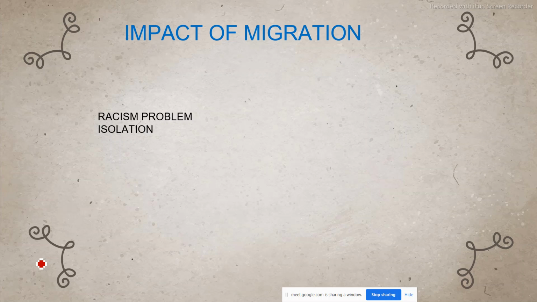Now, the next point is isolation. People who leave their country and settle into a foreign country face a problem of isolation, and they feel alienated in a new country. Just imagine if you also had to go to a country like Canada, Australia or the UK, for some time, till you make your friends, till you have your social circle over there.